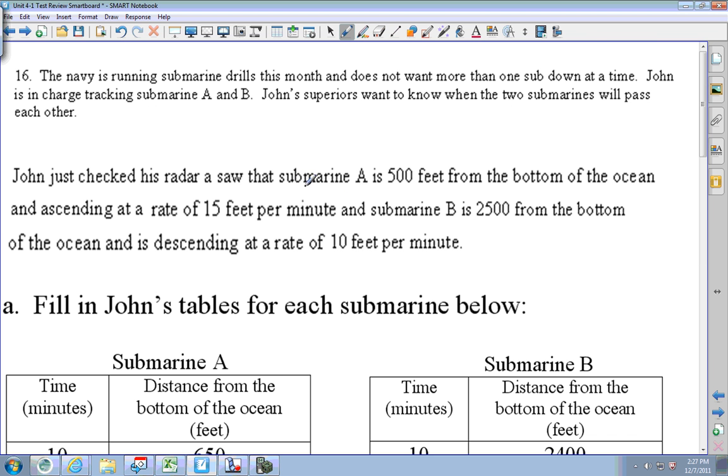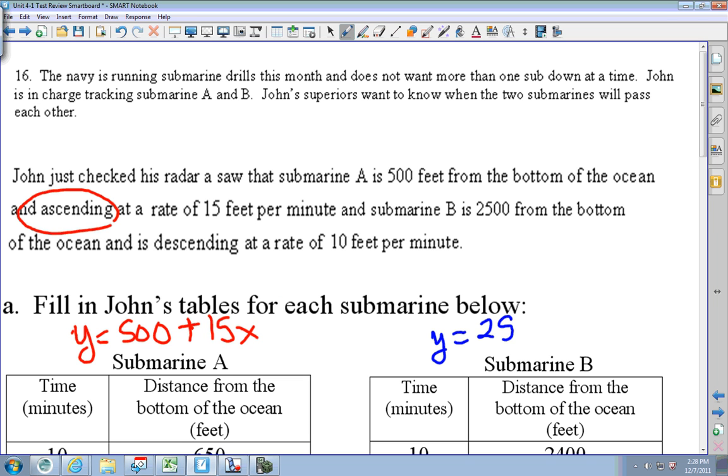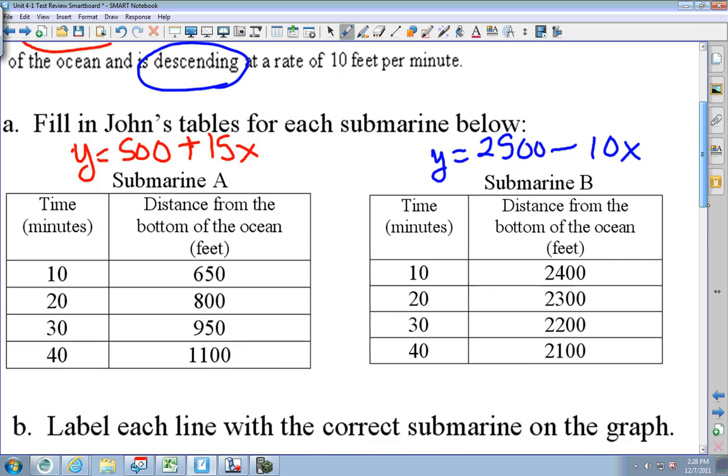Submarine A is 500 feet from the bottom, so I've got y equals 500 and it is ascending, that means going up, 15 feet per minute. Now submarine B is 2,500 feet from the bottom and is descending, going down 10 feet per minute. So let's see if we can figure out which one is what here.